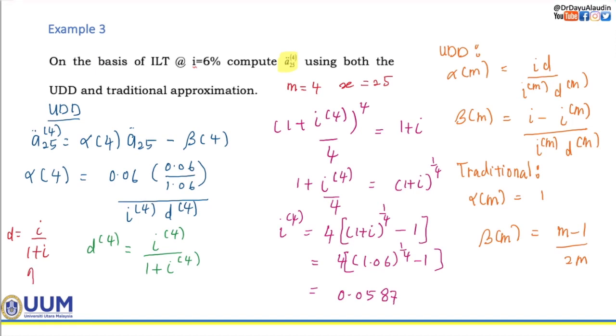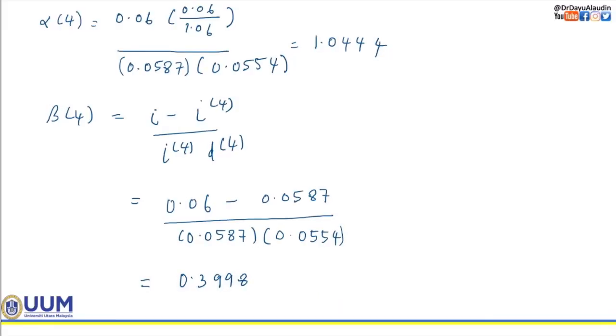So for d(4), we just substitute i with i(4). And then we get d(4) is equal to this one. Okay, so we get values for d(4) and i(4), then we can substitute in alpha. So alpha is equal to 1.0004, and we can also substitute in beta, 0.3998.